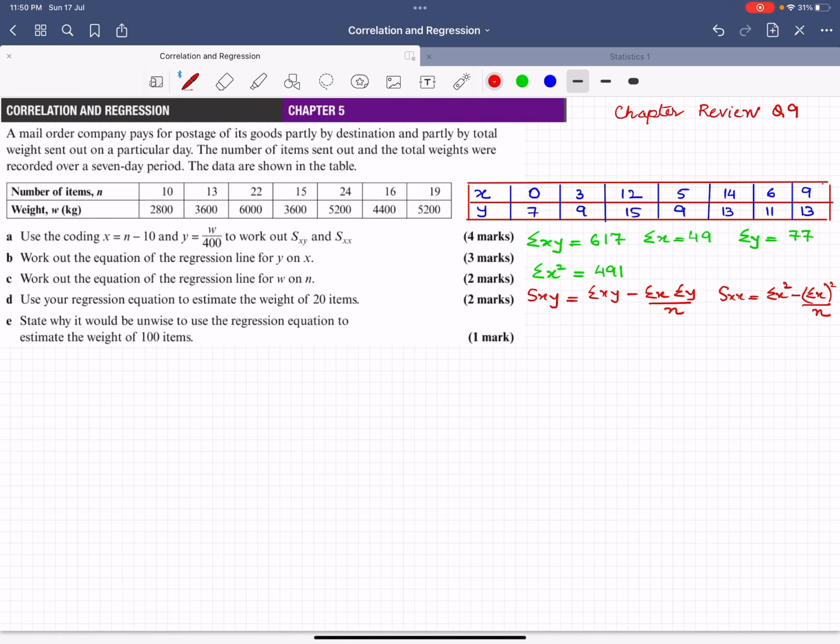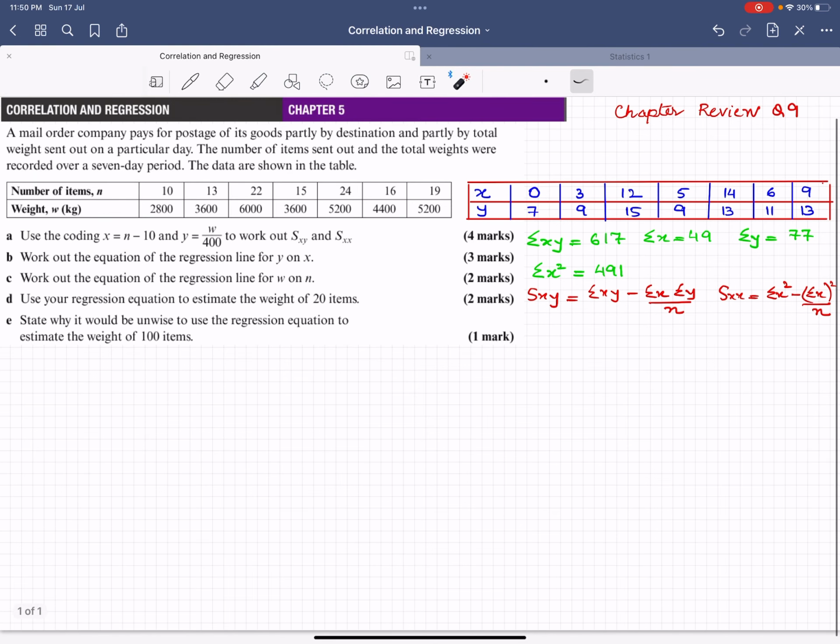So let's plug in the values. I have already found the values of the required values that we need to plug in here.